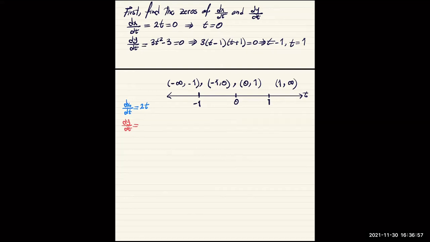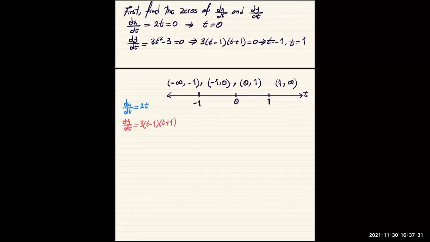It is easier to write dy dt or any of those derivatives in factored form. It's easier to do sign analysis on factors rather than the original. It's up to you. It doesn't really matter at all.